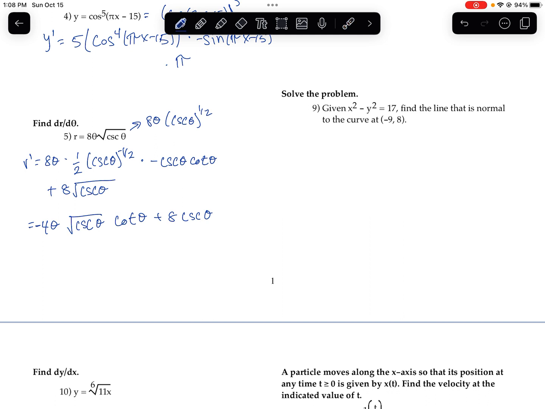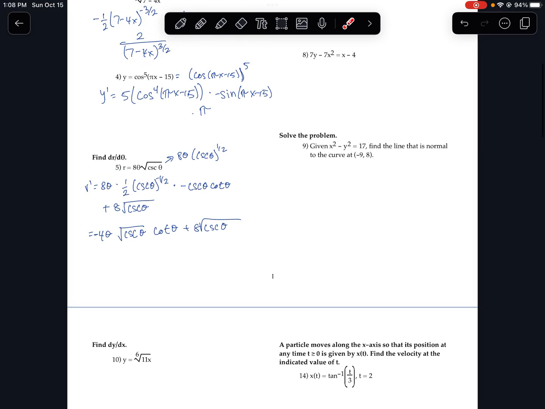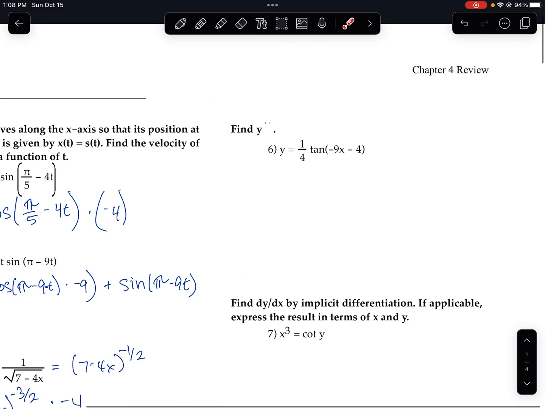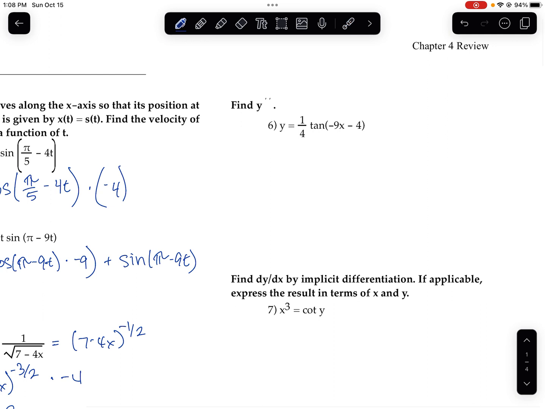Yes. Oh, that's why. I did not put my square root over there. There we go. That's what I was missing. Here and here, because both terms on the sides of the addition have a square root of cosecant, and they both have a factor of 4. I think in the answers they take out a negative 4 and cosecant theta, and that's how they get the answer in the key.